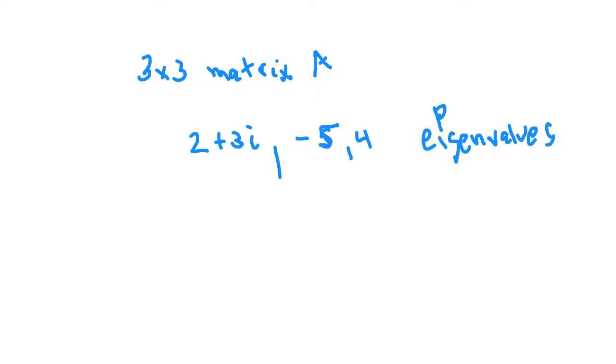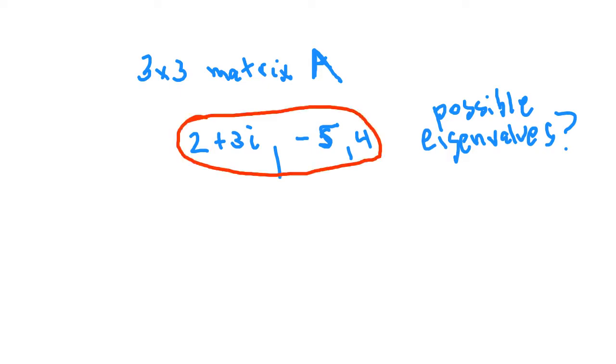Are those possible eigenvalues for a 3 by 3 matrix A? Could that happen? What do you think? So you have one complex eigenvalue and two real eigenvalues. Is that possible?